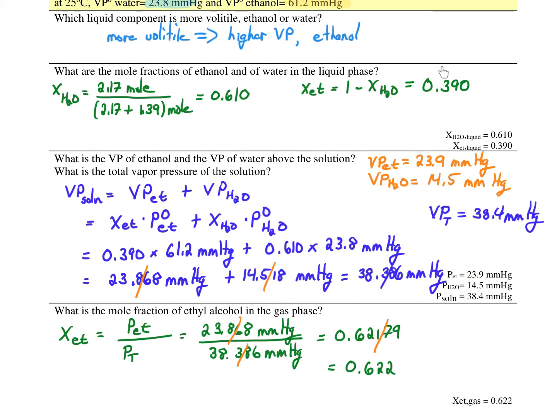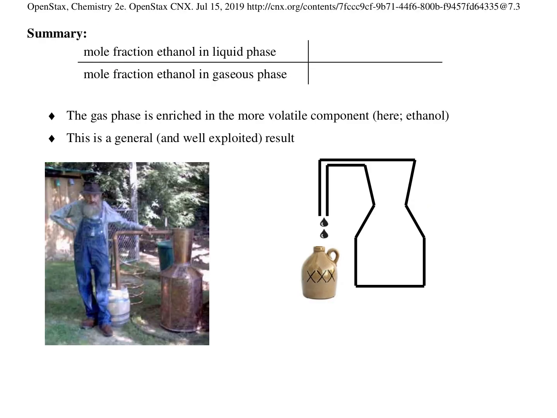So let's summarize here. The mole fraction of ethanol in the liquid phase calculated to be 0.390, and in the vapor phase 0.622.